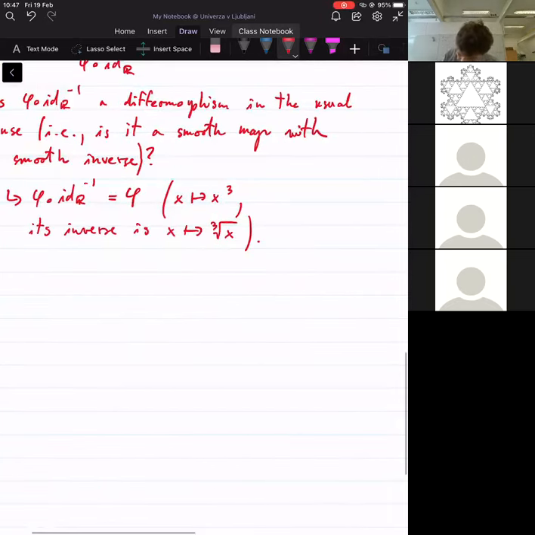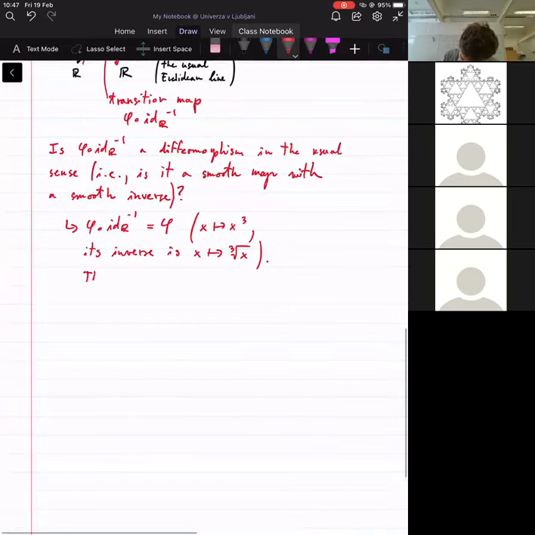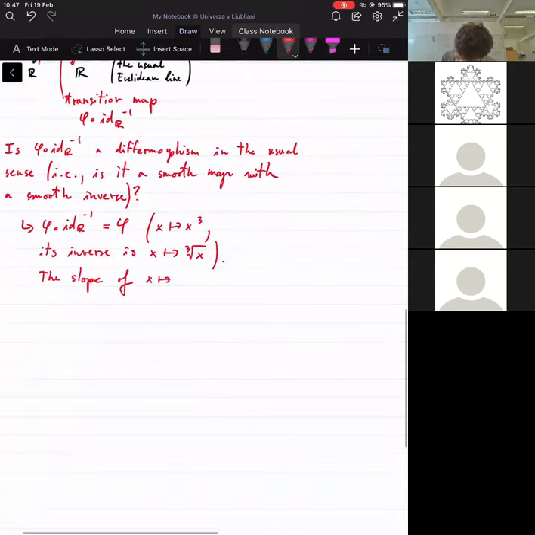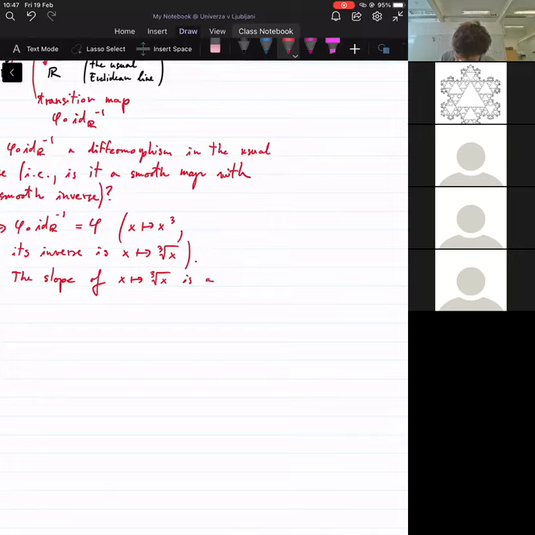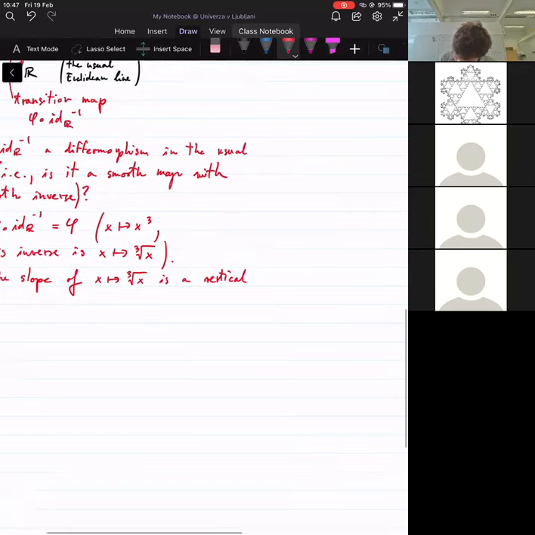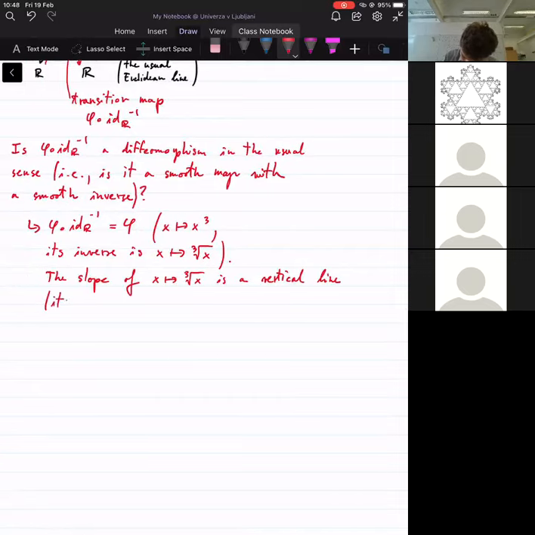I'm sorry. The slope of x maps to third root of x is a vertical line. I'm not sure how to say this in a better way. It's differential.